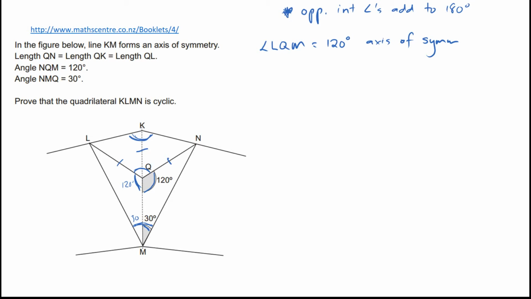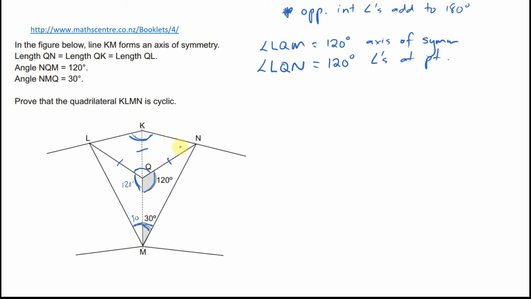Angles at a point add up to 360, so we can work out LQN. So angle LQN is also equal to 120. Okay, so 120 plus 120 is 240. So 360 minus 240 gives us 120. And the reason is angles at a point.